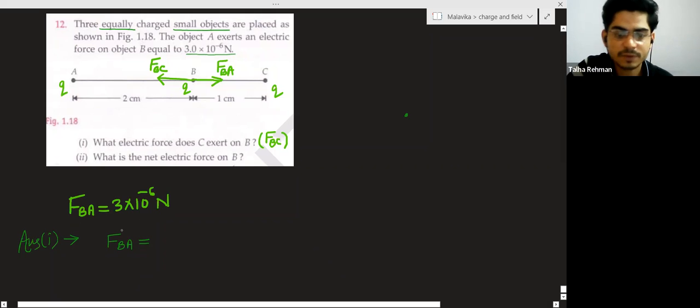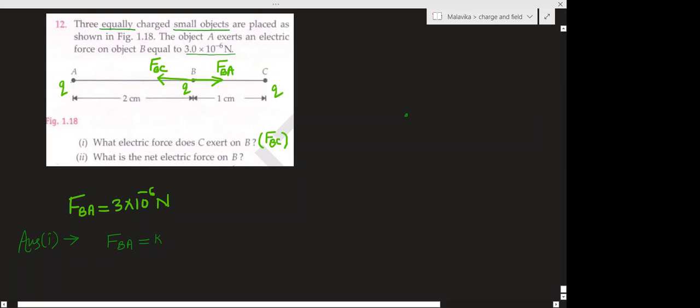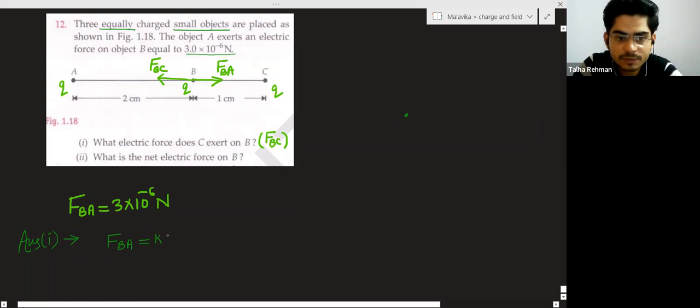So here I want to calculate FBA. If here is a charge Q, then FBA can be written as K Q1 into Q2 divided by the square of the distance between them. So here K Q1 and Q2 means Q square, divided by the distance squared.